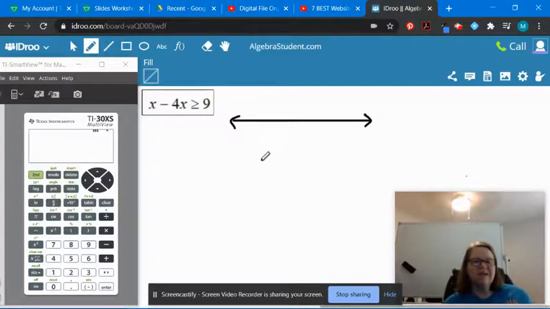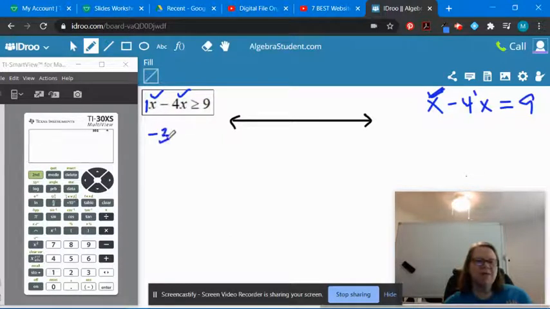So let's get started. When you solve an inequality, you want to treat it just like it was an equation. So x minus 4x is greater than or equal to 9 is the match to this. And I would just think about it like in this equation, I would solve by combining like terms. If I combine like terms here, it's the same thing, 1x minus 4x.